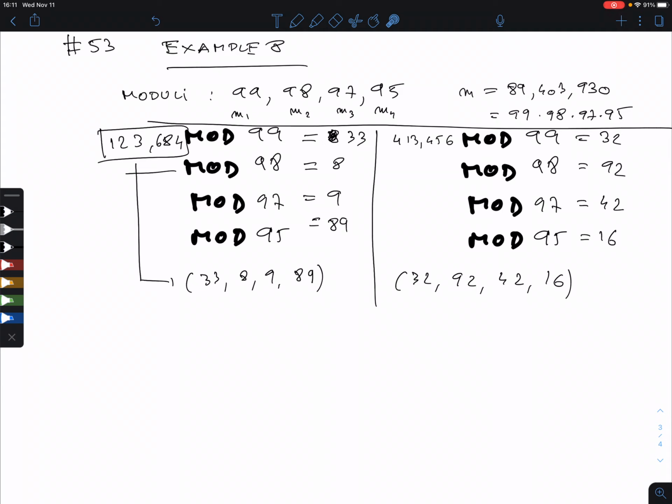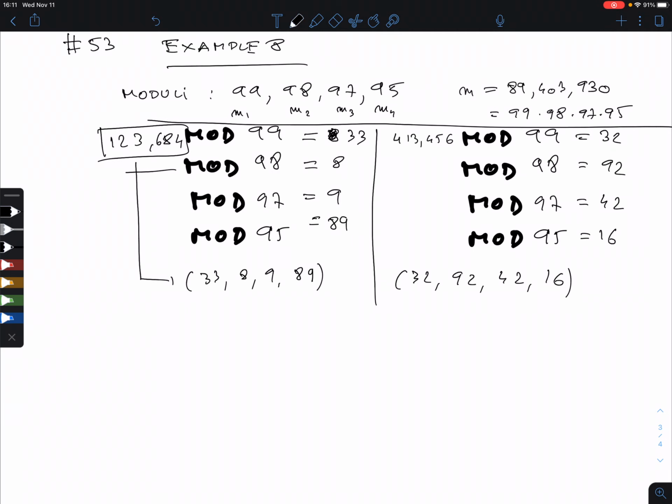So what you do is you add these numbers. We do 33 plus 32, but we work this out modulo the first modulus, which is 99. That is 65. There's nothing to be done, right? In most cases, we don't have to do anything. We work out the sum of the next two: 8 plus 92, modulo 98.